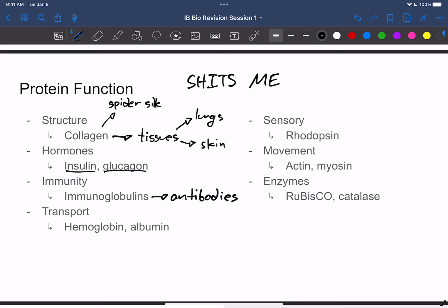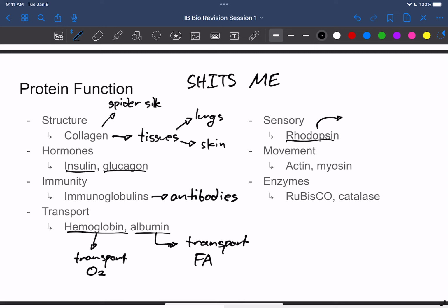Next is transport. So transport proteins, we talked about hemoglobin, transporting oxygen. And I mentioned albumin, and this is for transporting fatty acids. They also have a sensory function.